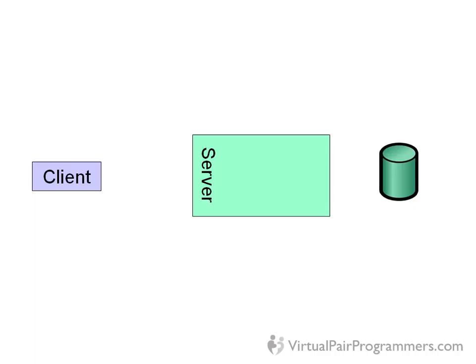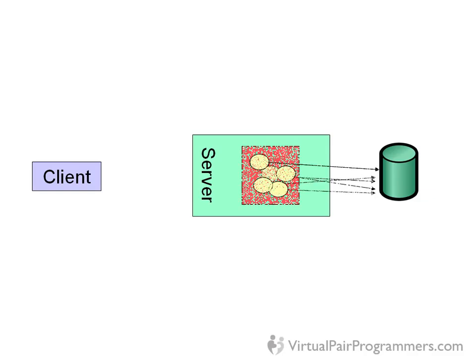And what will happen is when we start the server up, the server will automatically create or acquire several database connections. Now, I have on the graphic here 5 of those yellow ovals. On a real connection pool, we could configure that to be as many connections as we think we need.